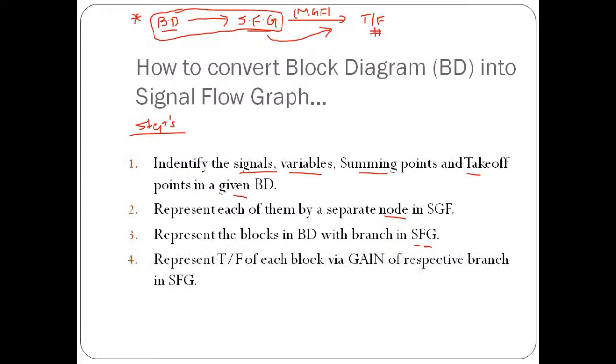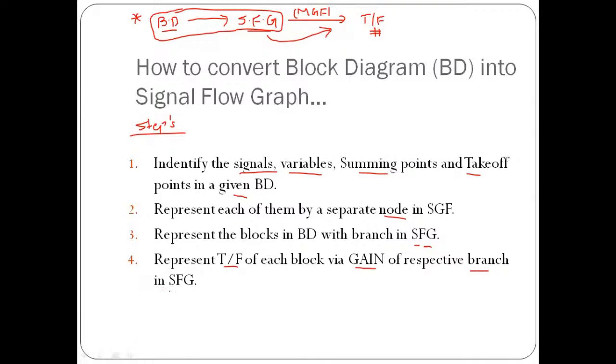Then represent the transfer function of each block via the gain of the respective branch. In a block diagram, we are having a block, and inside that block we are having some value written over there. That may be a constant one, or that may be a frequency dependent one. Those values which we can treat as the transfer function of each block are going to be equal to the gain of the respective branches. That is important.